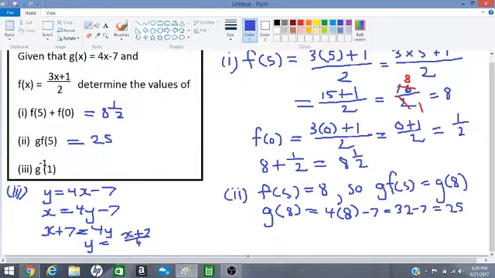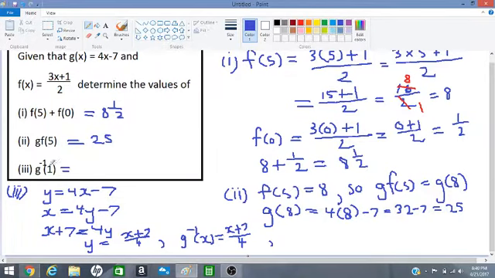And so our g inverse of x will be equal to x plus 7 over 4.